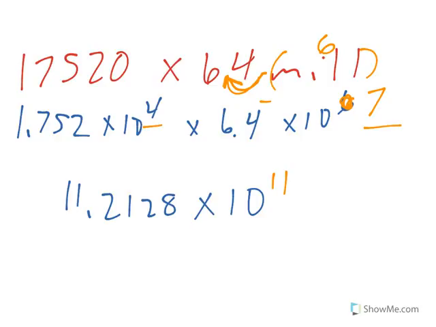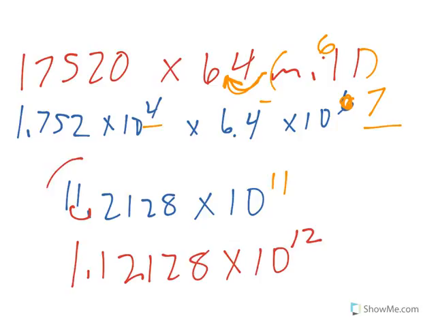Okay, now if you look at this, let's change this to scientific notation. 1.12128 times 10 to the 12th. 11 is bigger than 10, so you move it up by 1. And when I see 10 to the 12th, that's trillion.